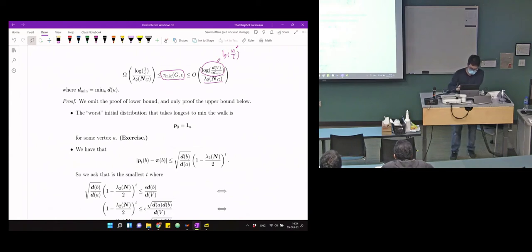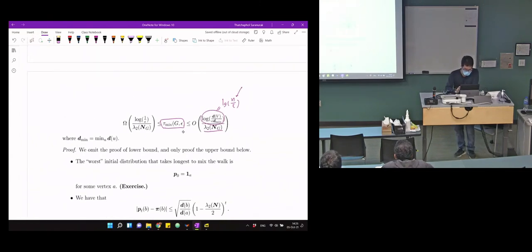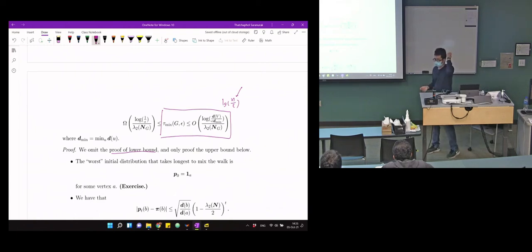Now for the proof, we have almost everything to prove this, and I will omit the lower bound proof and only show the upper bound. To show the upper bound, we need to say that no matter what the starting distribution is, after this many steps, you mix.